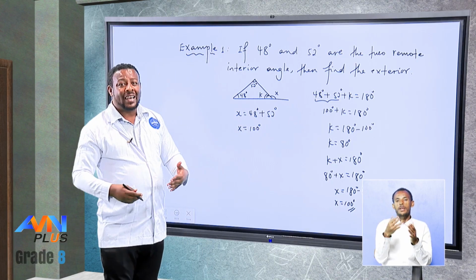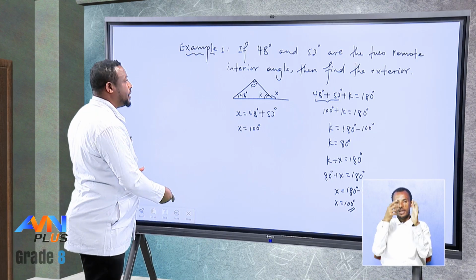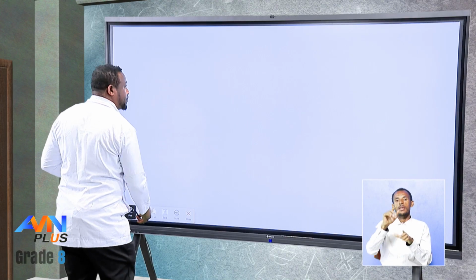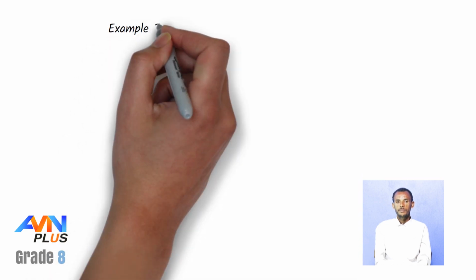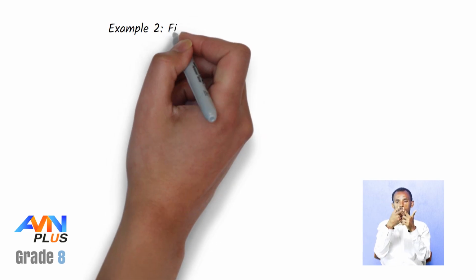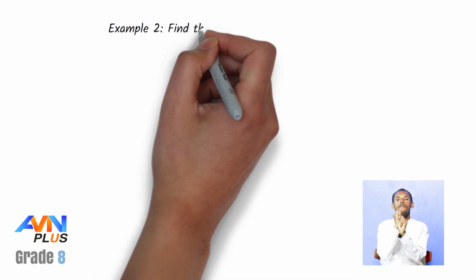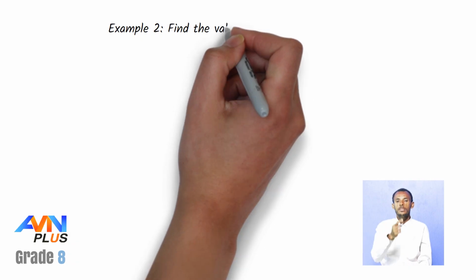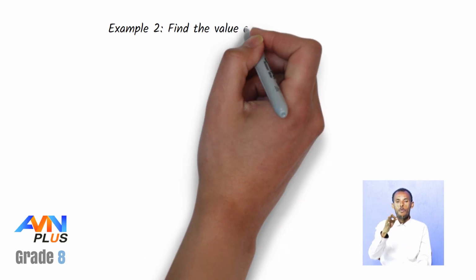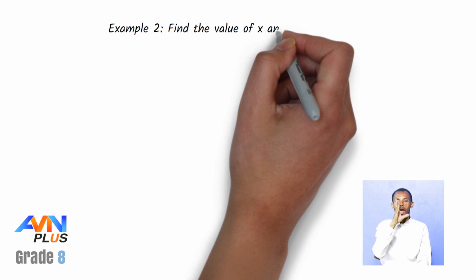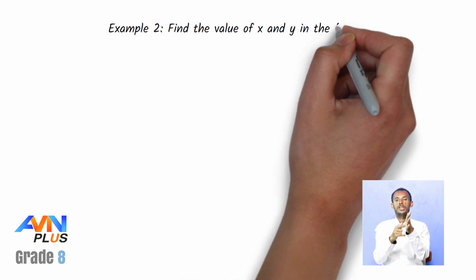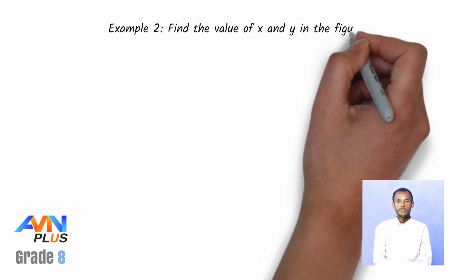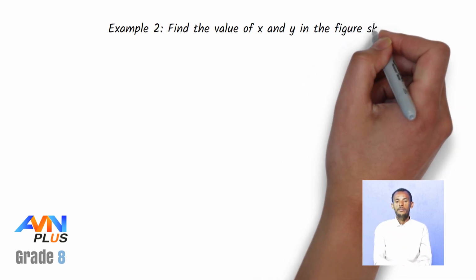Now let's see the second example regarding exterior angles. In example 2, find the value of x and y in the figure shown below.